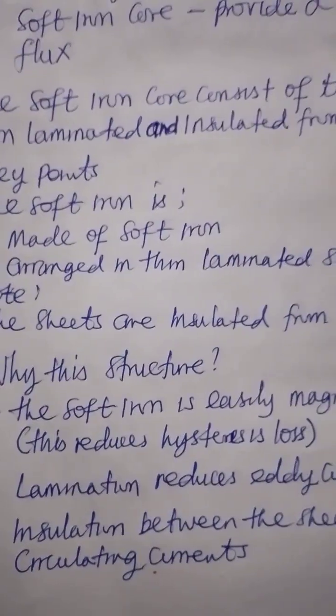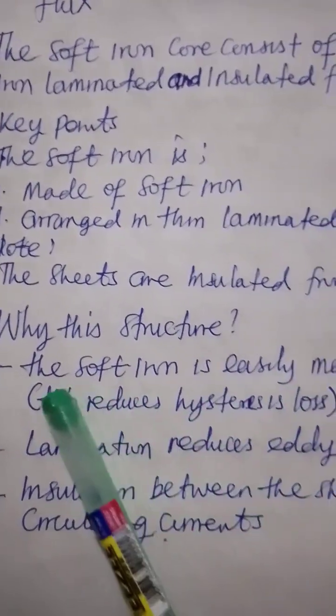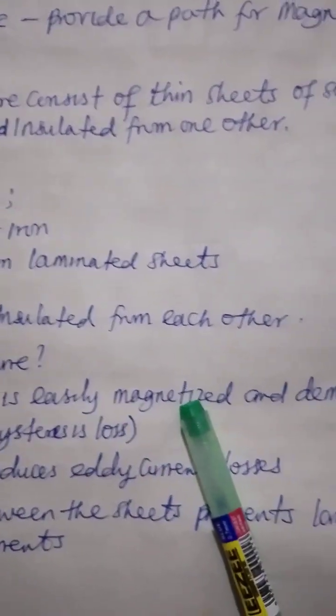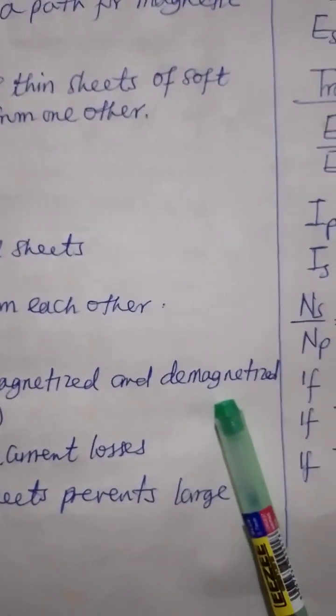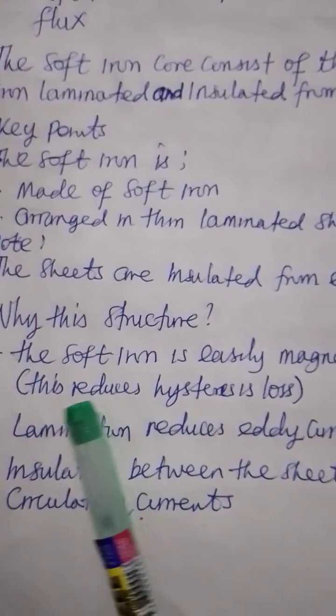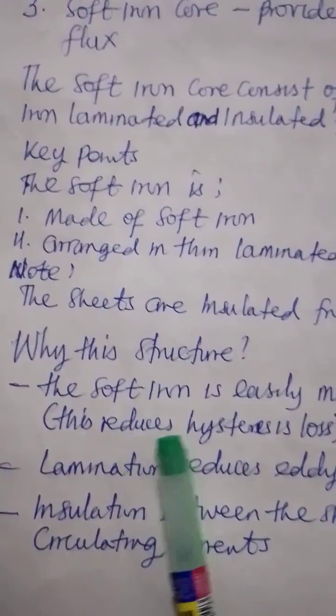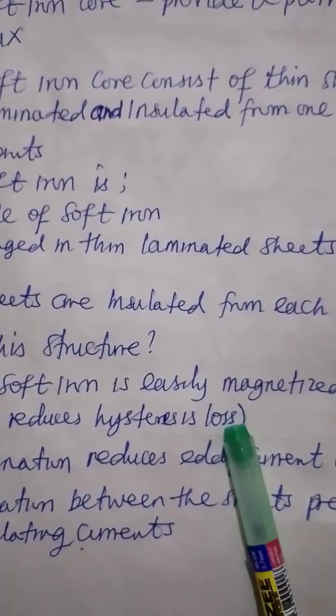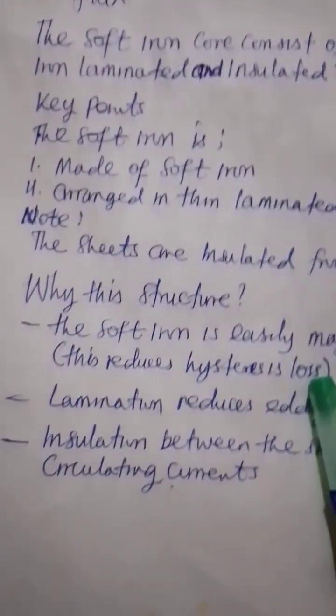Why this structure? The soft iron is easily magnetized and demagnetized. That is why soft iron is used. It is easily magnetized and demagnetized, and this reduces the problem of hysteresis loss that we will look at later.